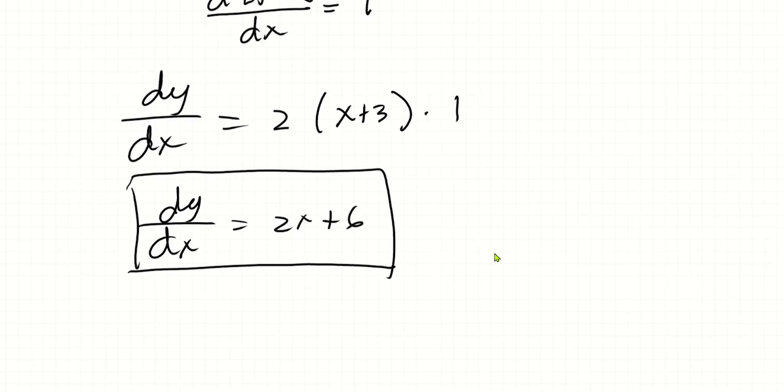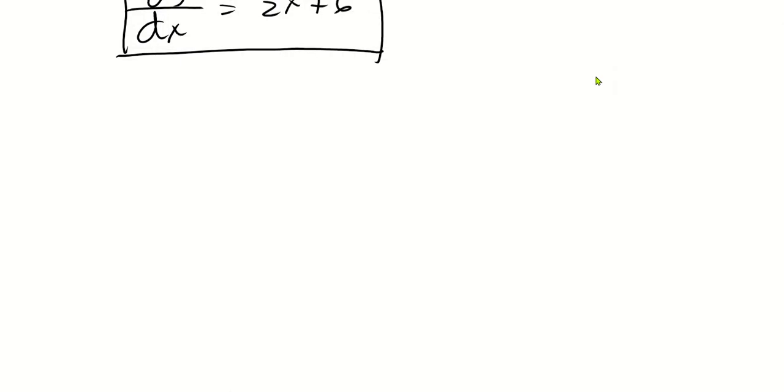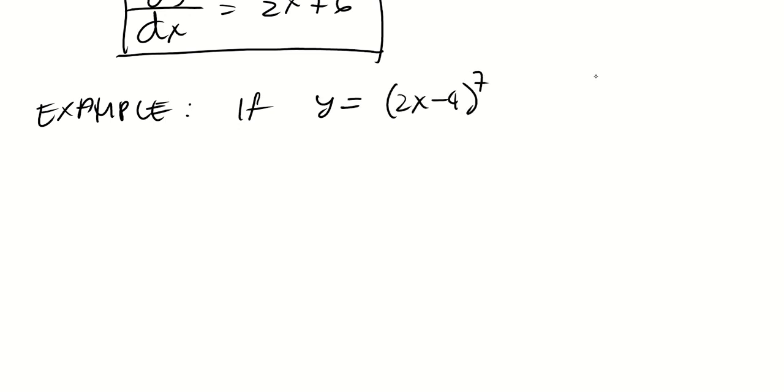So in this type of example, the advantage of the chain rule and general power rule is not highlighted. So let's take another example so that you can appreciate the chain rule. If y is equal to (2x - 4) raised to 7, determine dy/dx.